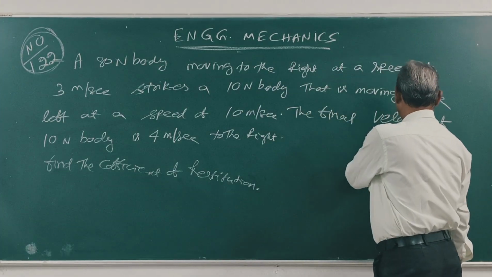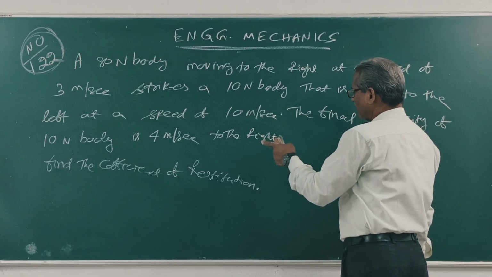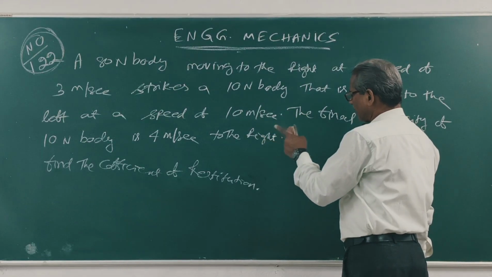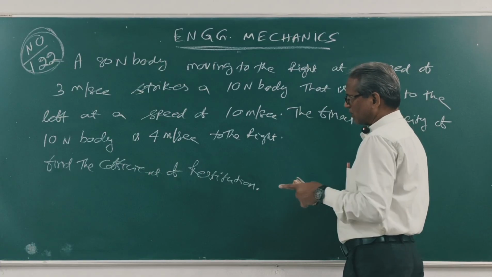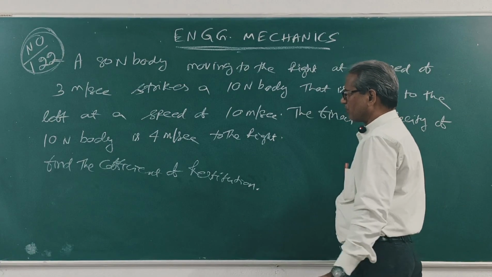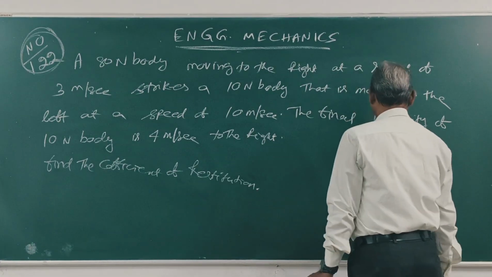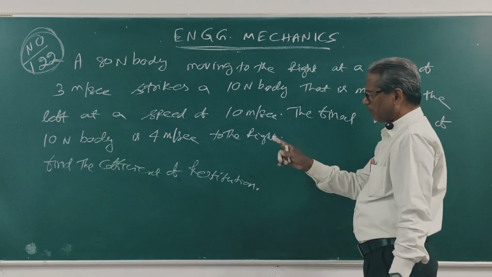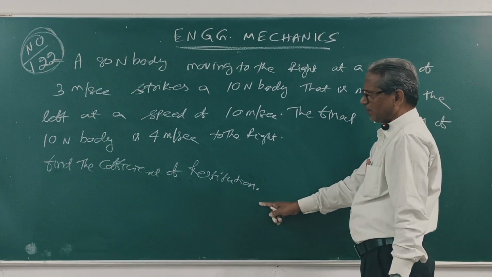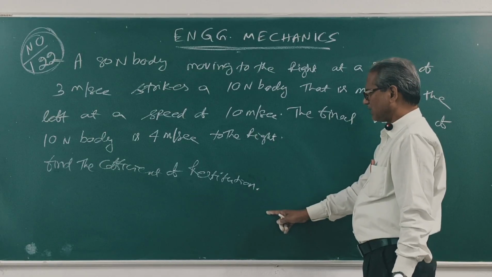The final velocity of the 10 Newton body is 4 meter per second to the right. Find the coefficient of restitution. First find out the final velocity of the first body, the 8 Newton body. Then I will find out what E is. E means coefficient of restitution.